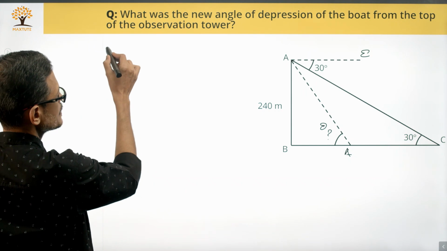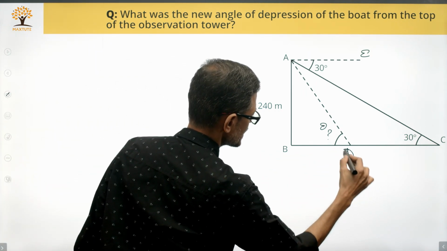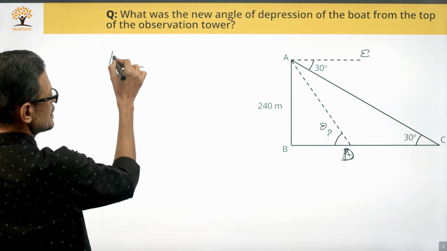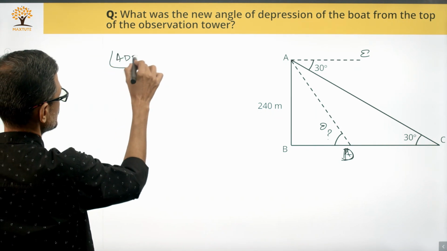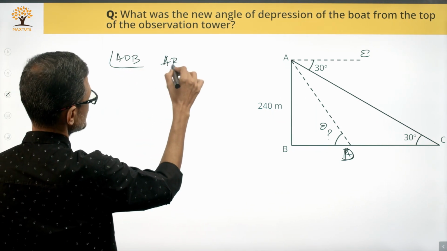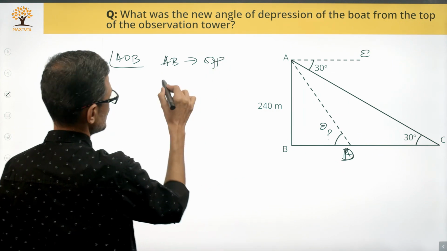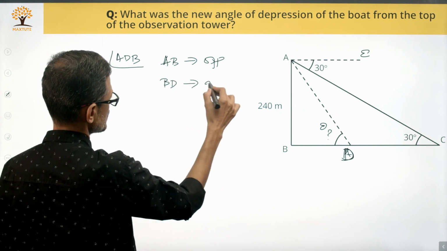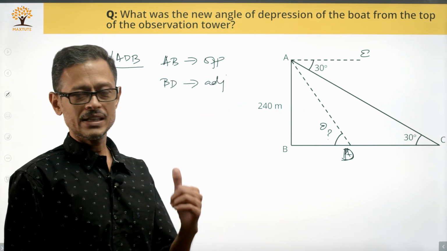We'll call it theta. To angle ADB, AB is the opposite side and BD is the adjacent side. So obviously we are going to be using tan.